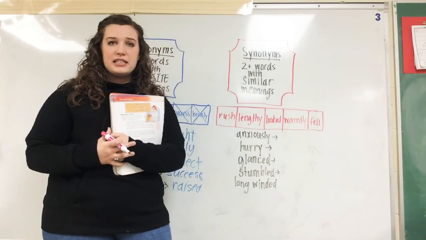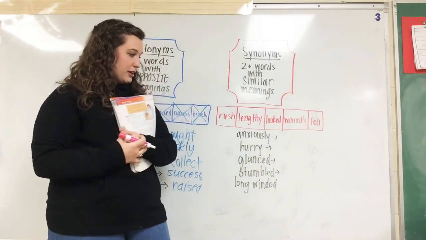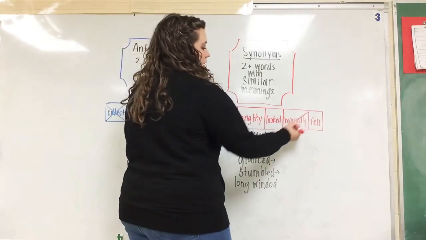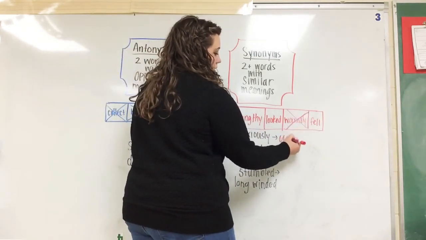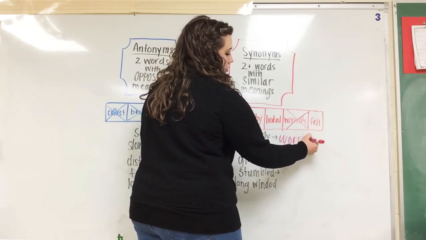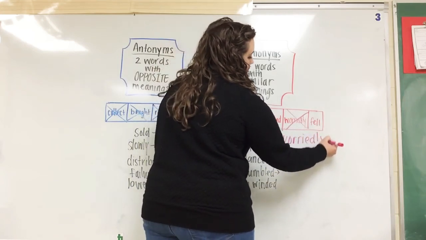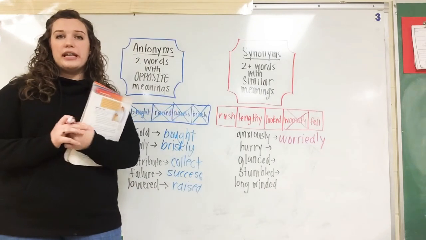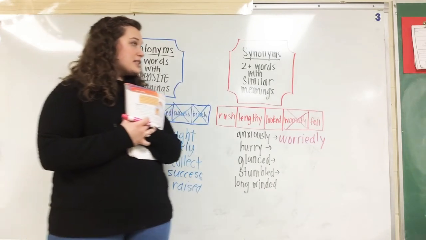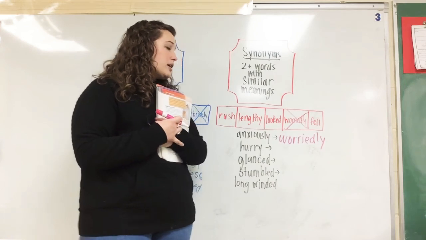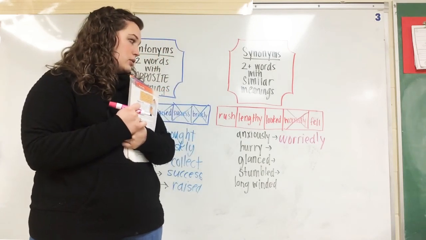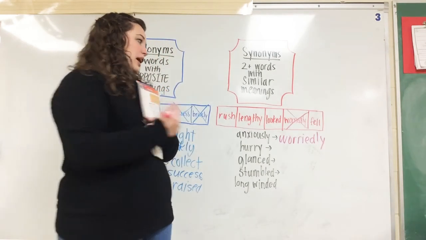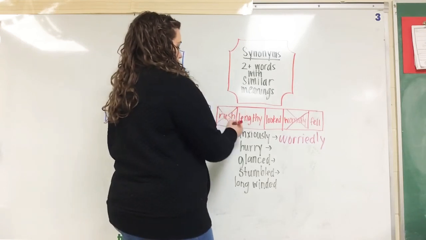What is the synonym for anxiously? It means similar to worriedly. Good. Okay, number two. Youngsters are always in a hurry. What is a synonym to hurry? What's similar? Rush. Youngsters are always in a rush. Good.